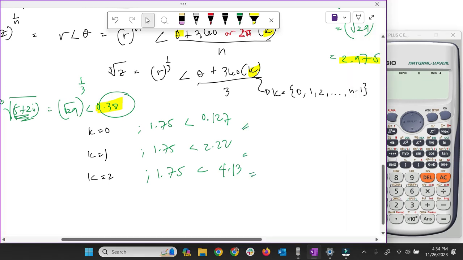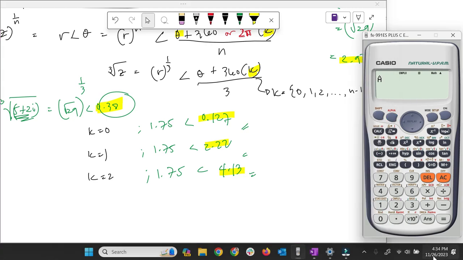Now, ang technique dyan, para malaman mo kung tama yung sagot mo: yung angles na nakuha mo dito, 0.127, 2.22, 4.13, yung angles na nakuha mo for each root, better kung i-store mo agad siya sa iyong calculator. So, for example, in-store ko kay A 0.127, kay B 2.22, kay C 4.13.